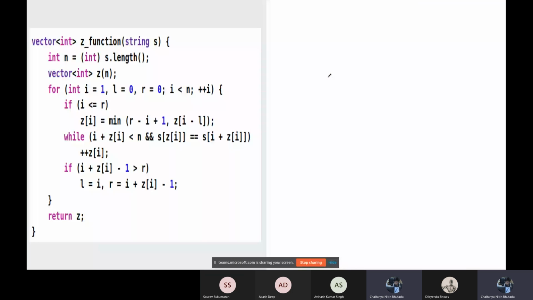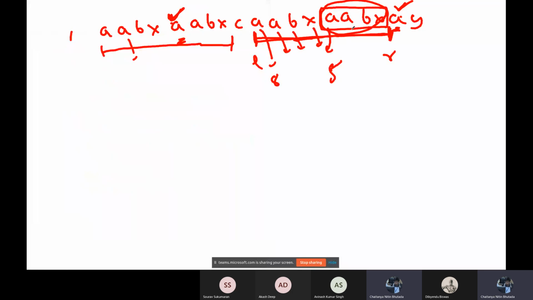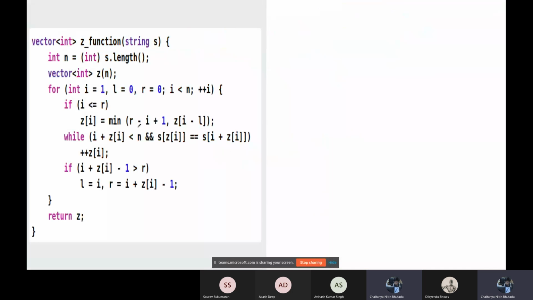I will go through the code, what it was. Also, the value of pi cannot exceed the length of the string, like I plus pi I minus 1 cannot exceed the string length.